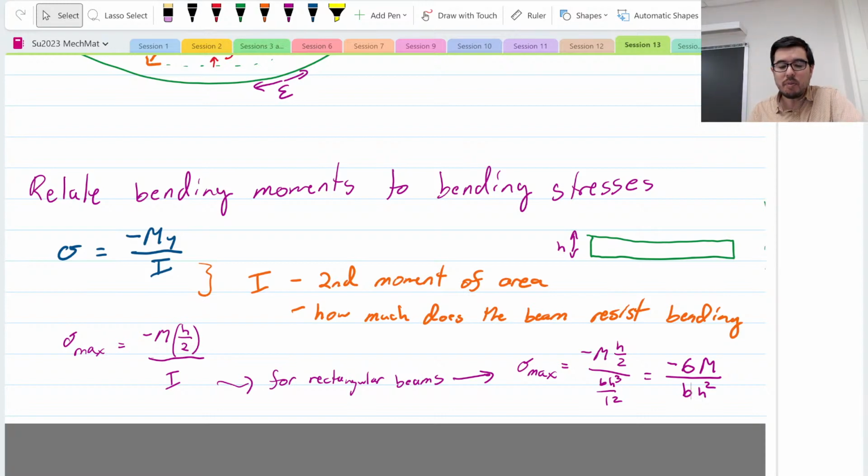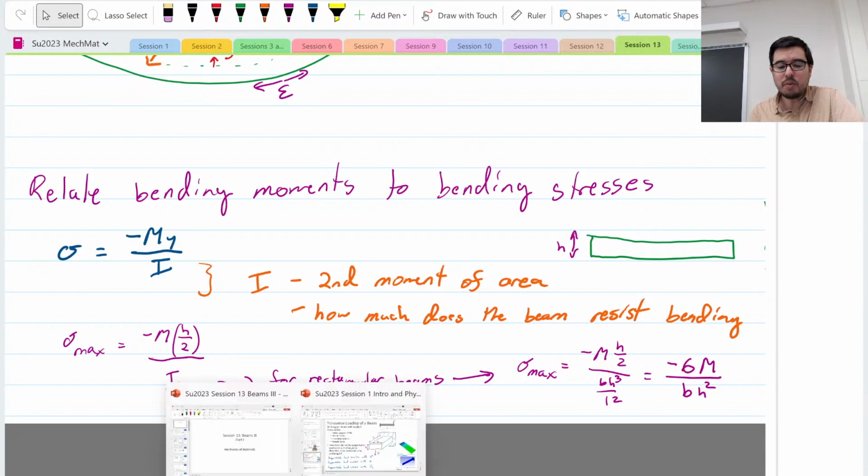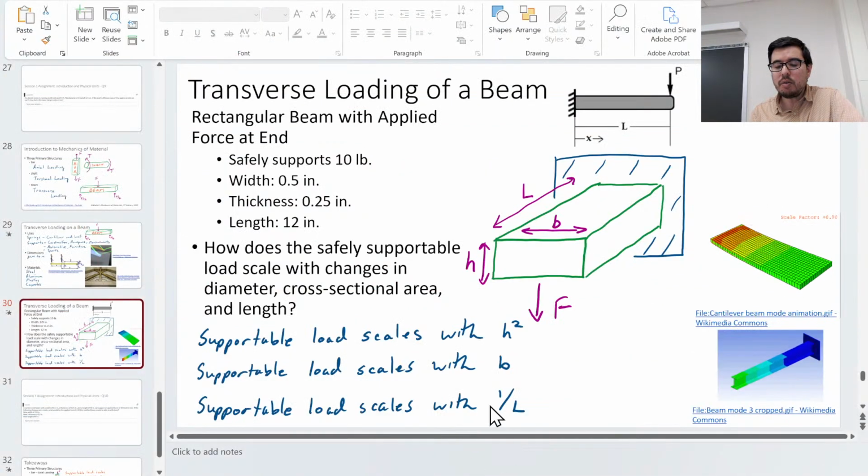So remember what we said all the way back in session 1: if we decrease the length of the beam, that will also increase the amount of supportable load. Look, for a bent beam, M is equal to PL. So once again, if we shorten the length of the beam, that beam will also be able to support more without breaking.